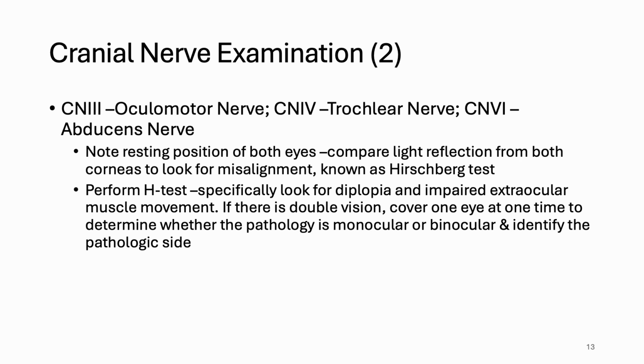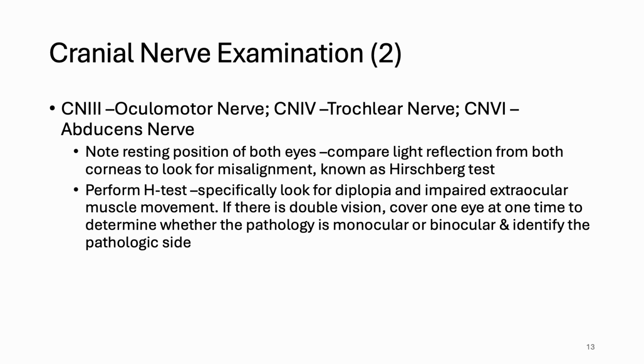Next, we would usually examine cranial nerves 3, 4, and 6 together, which are the oculomotor, trochlear, and abducens nerves. To assess these nerve functions, you should note the resting positions of both eyes. You can do so by comparing the light reflections from both corneas to look for misalignment, and this test is known as the Hirschberg test.